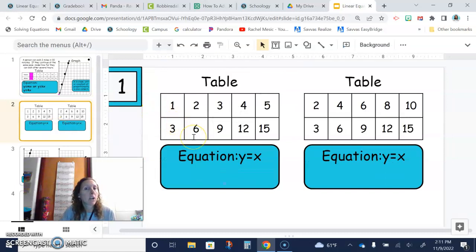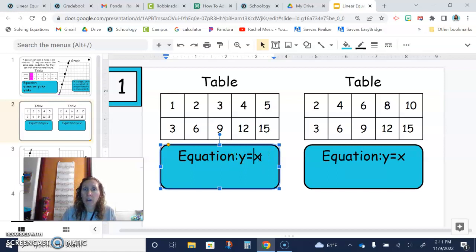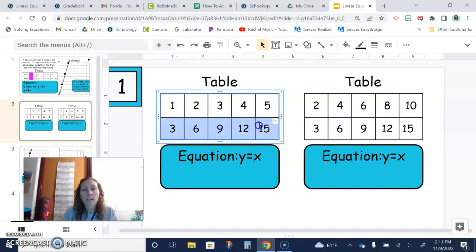All right, if we are only given a table and it chops off the beginning part so we can't see the zeros, the easiest way to figure out what that slope or unit rate is, is to take the ratio of your y coordinate and your x coordinate. So if you were to graph 1, 3, 1 is your x value or how much you go over, and then 3 is the y value or how much you go up.